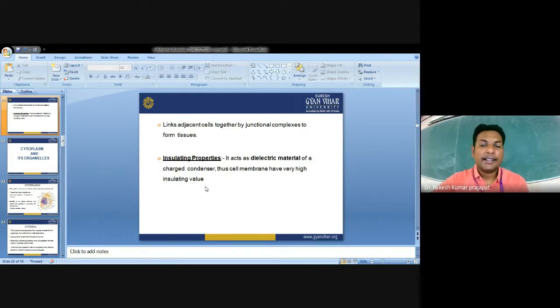Insulating properties: it acts as the dielectric material of a charge condenser, so the cell membrane has very high insulating value.